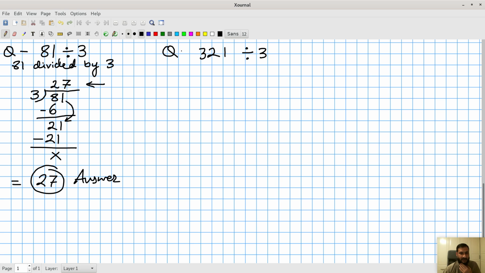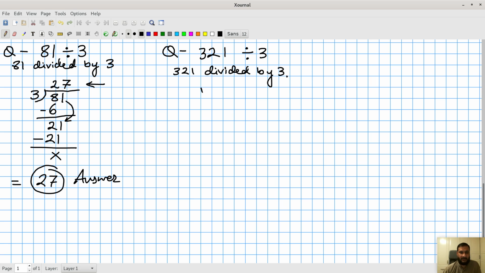Right, it's a relatively simple number, 3 digits, not very big. So let's do that. 321 divided by 3. There's a very important principle in this, and I want you to really focus here.